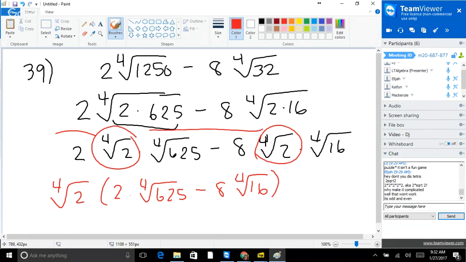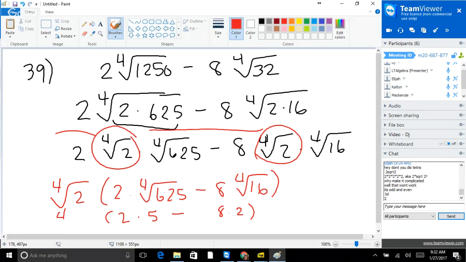Okay. I know from my previous math experience that the 4th root of 16 is actually a perfect root. If you take the 4th root of 16, you actually get 2. So this becomes 8 times 2. And if you take the 4th root of 625, you get 5.